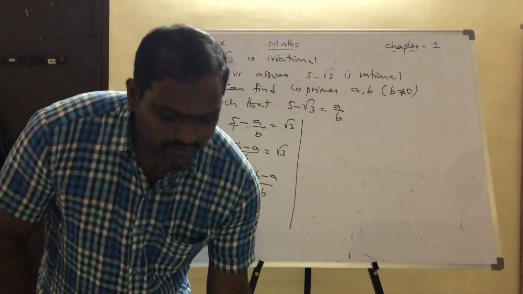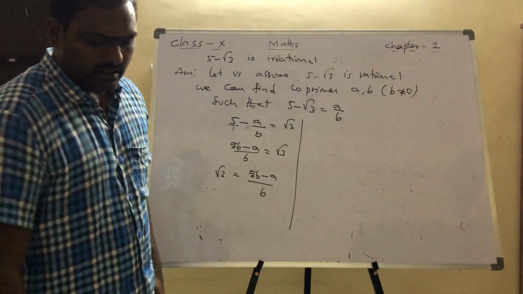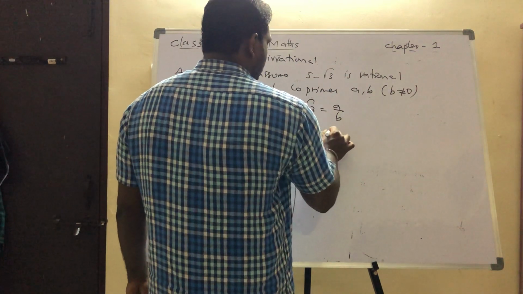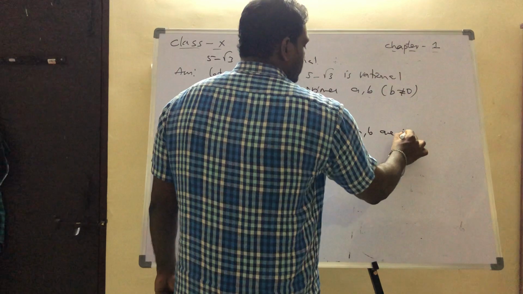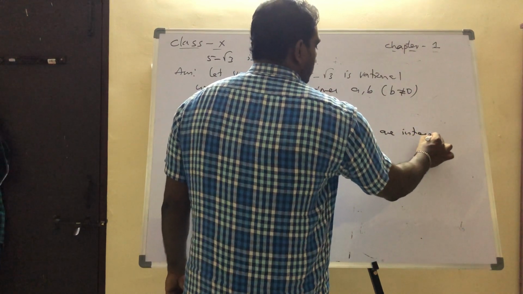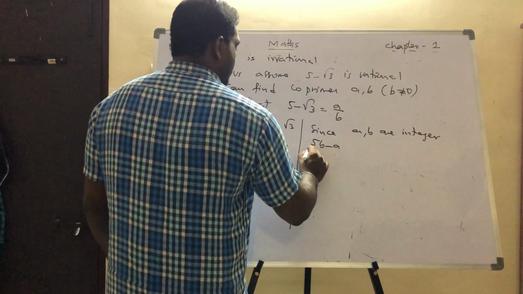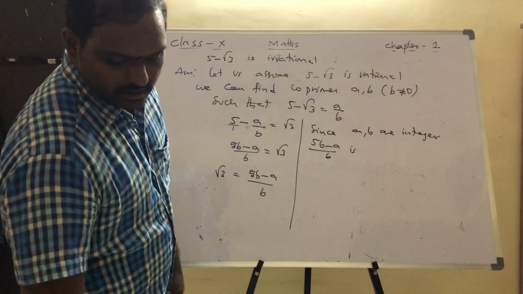Now what will be the next step? Since a, b are integers, 5b minus a by b is rational.